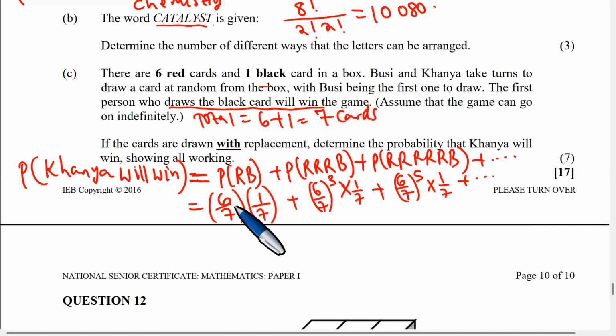So Kanye is always second, because if Boosie draws, after Boosie has drawn, they replace the card, then Kanye comes and draws also. So in this case, for the probability of Kanye winning, there can be a red card drawn, another red card drawn, another red card drawn, and then that.